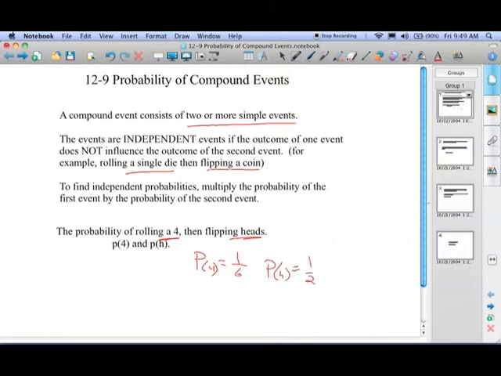To find the probability of this compound event, we need to multiply the two events together. 1/6 times 1/2 is 1/12. So the probability of rolling a 4 and then flipping heads on a coin is 1 out of 12. And that simply means that's only going to happen 1 out of 12 possible ways.